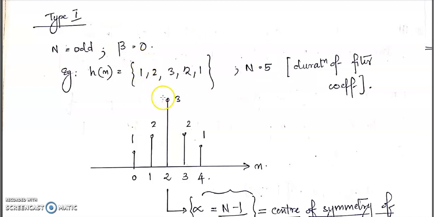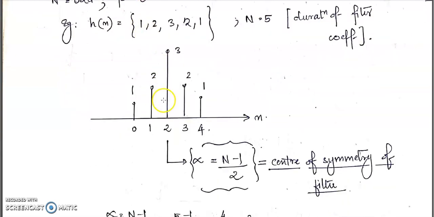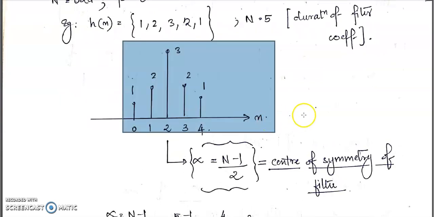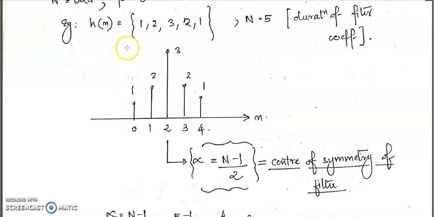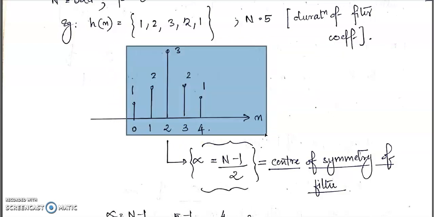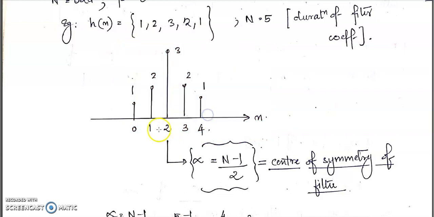Why do we call it a symmetric filter? When we plot the filter coefficients, the impulse response h of n, what can you see in this figure? In this plot, it is clear that it is symmetric with respect to the index value 2.